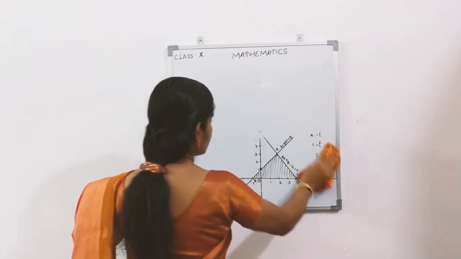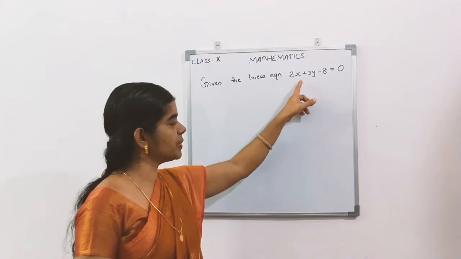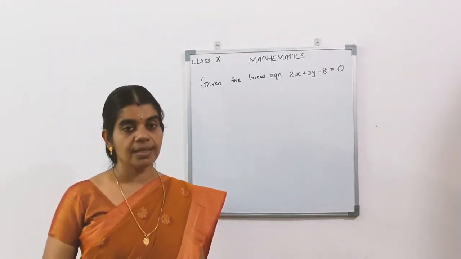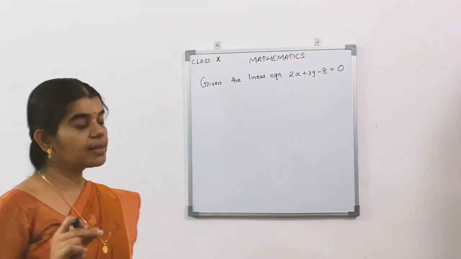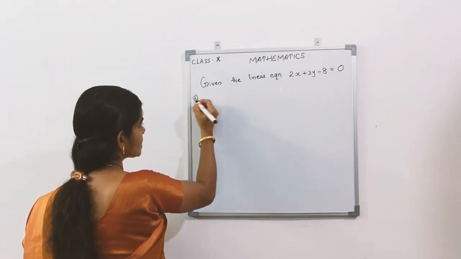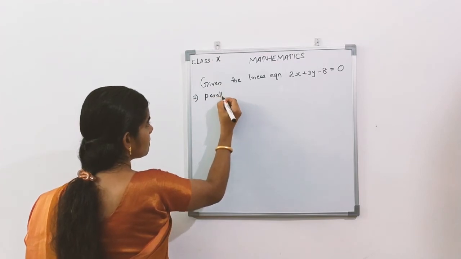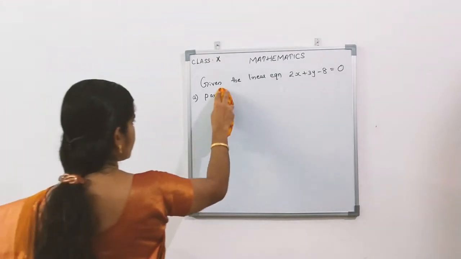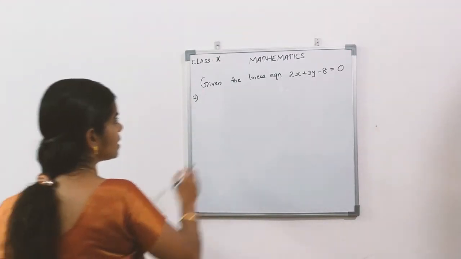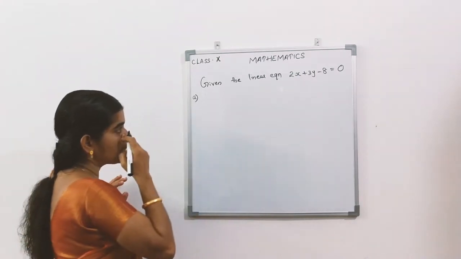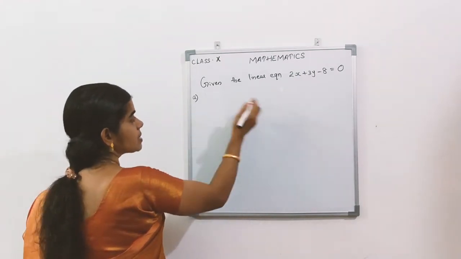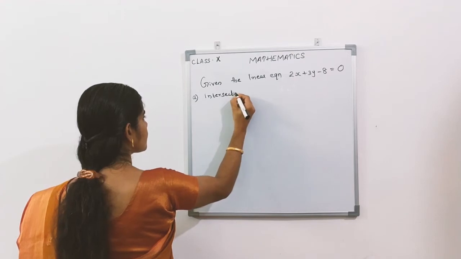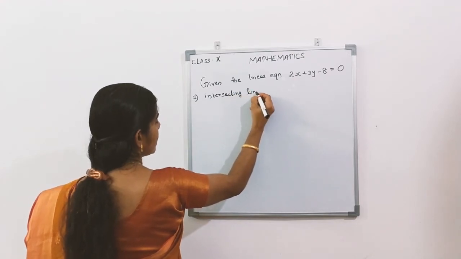I am showing one more question. One linear equation is given: 2x plus 3y minus 8 equal to 0. You want to find out another linear equation whose graphical representation will be, first case, intersecting lines.